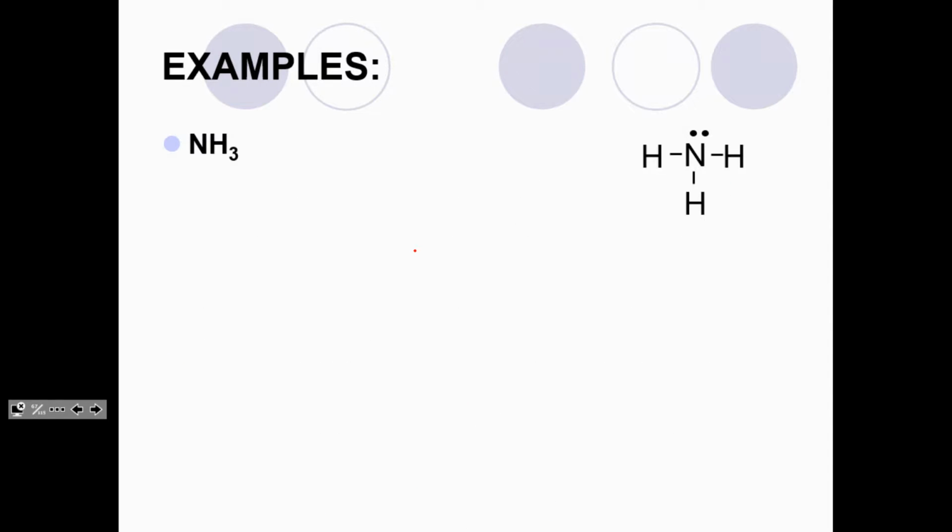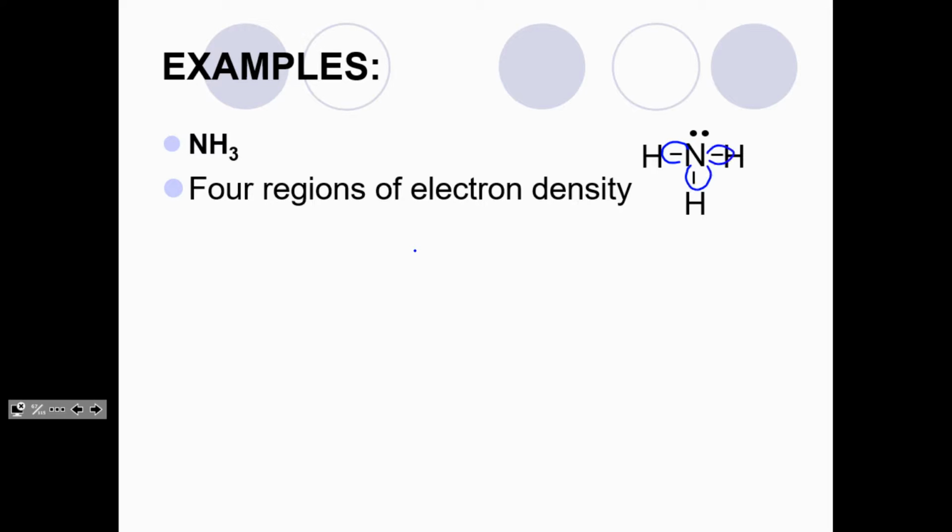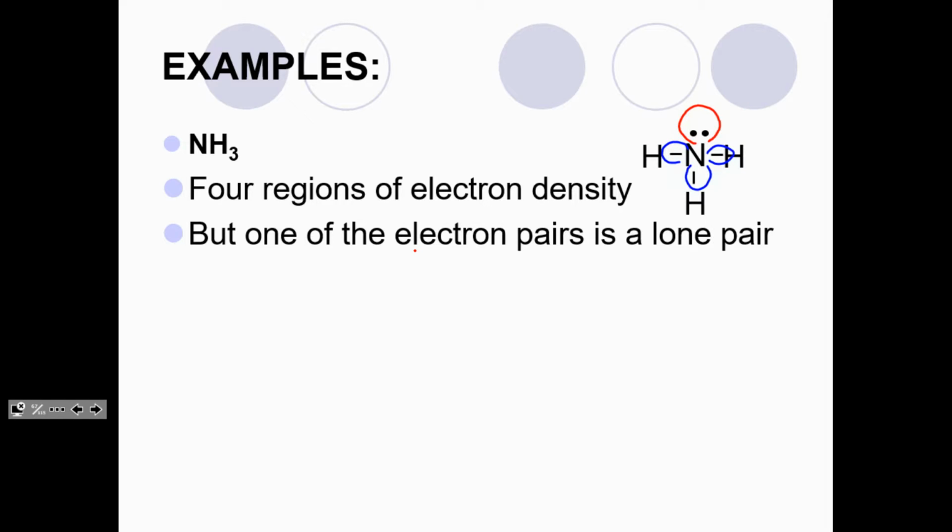NH3, here's the dot structure. Something's changing on this one. We have 3 bonds, but you'll notice that there's a lone pair of electrons on the center atom of nitrogen. So we don't just have 3 REDs, 1, 2, 3. We have 3 REDs plus another RED, which we call a lone pair. So technically there are 4 REDs in this picture. 1, 2, 3, 4.